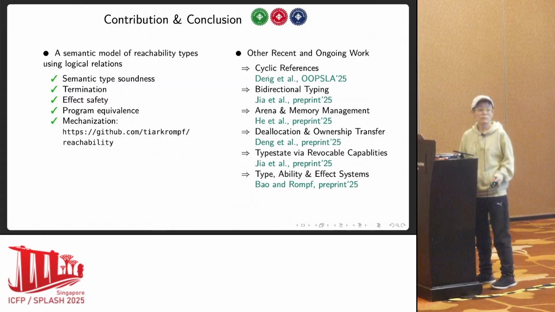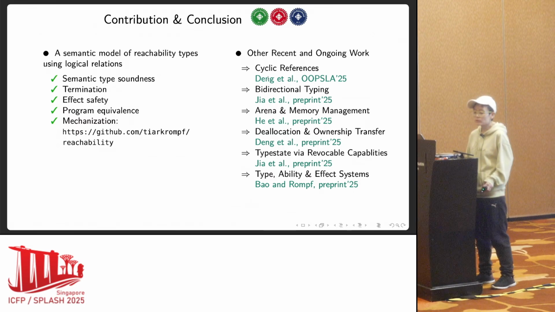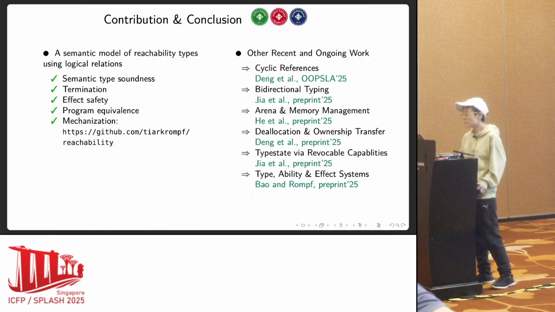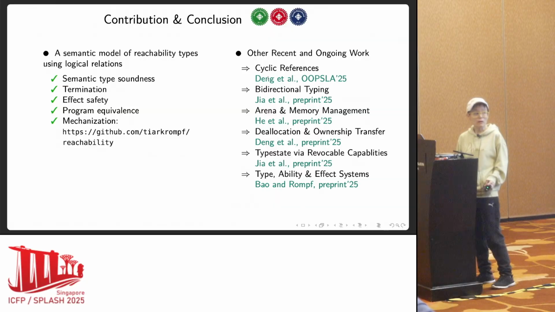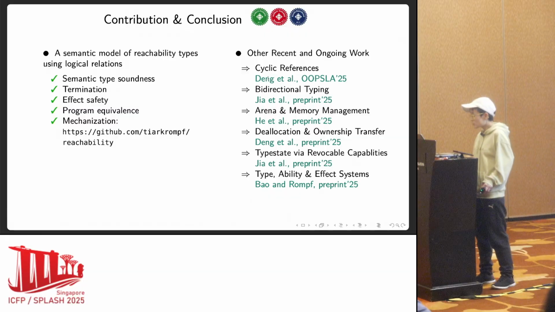If you are asking about the annotation overhead, we have bidirectional typing. In addition, we can leverage reachability qualifiers to do group reasoning, like arenas, and to do memory management. At the beginning of the talk, we said we want to build a liberal foundation and add constraints on top of it. Today I only talk about the first part.